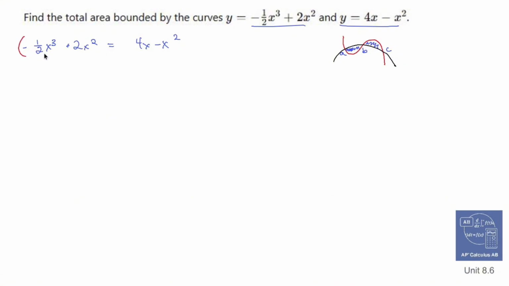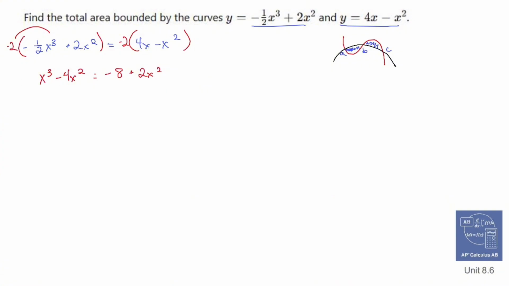To start off, I'm going to multiply everything by negative 2, because I'm going to see a lot of factoring, and I don't want to deal with the negative 1/2. So if I multiply both sides by negative 2, that makes a positive x cubed minus 4x squared equals minus 8 plus 2x squared.